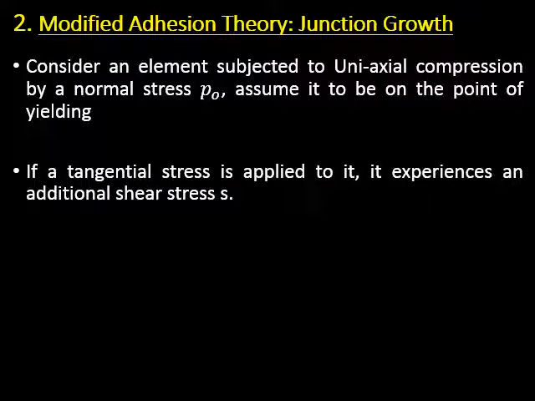Now if a tangential stress or tangential load is applied, then there will be a tangential stress, that means a shear stress, applied on the material. For that material to remain at the point of yielding, the normal stress will have to reduce to some value, say P1.